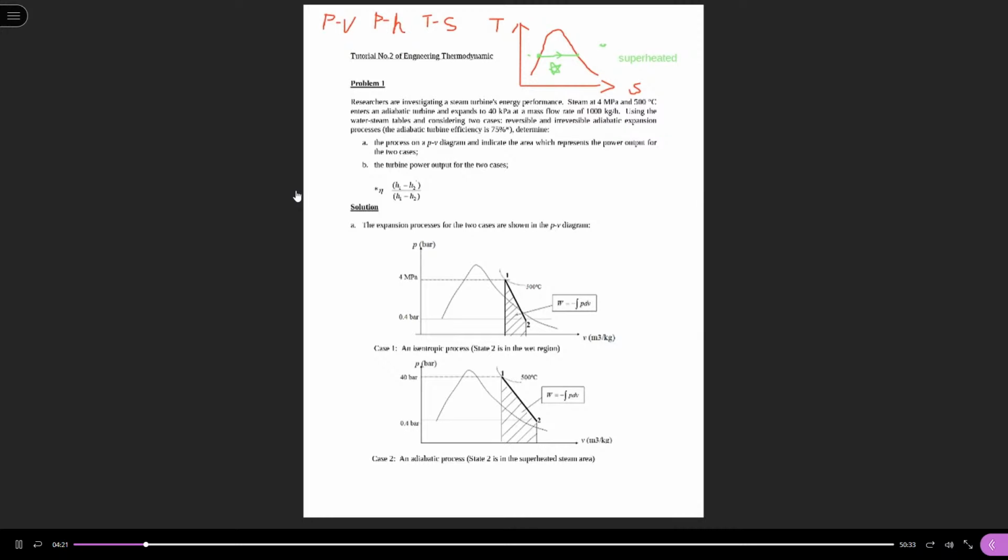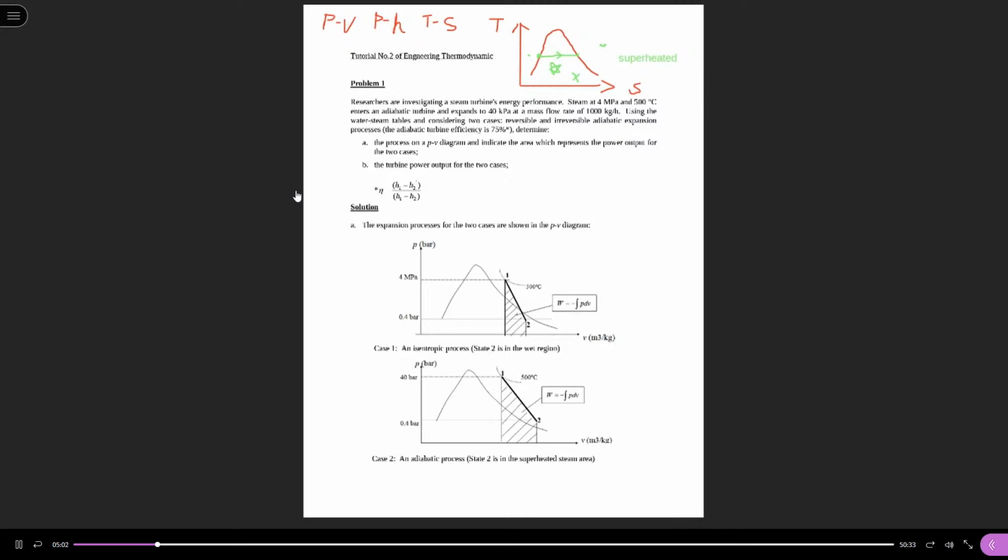Because our fluid undergoes heating and cooling in the wet region, we have introduced one term, the dryness fraction. Besides analyzing properties, we also need to understand the processes, especially in the wet region.